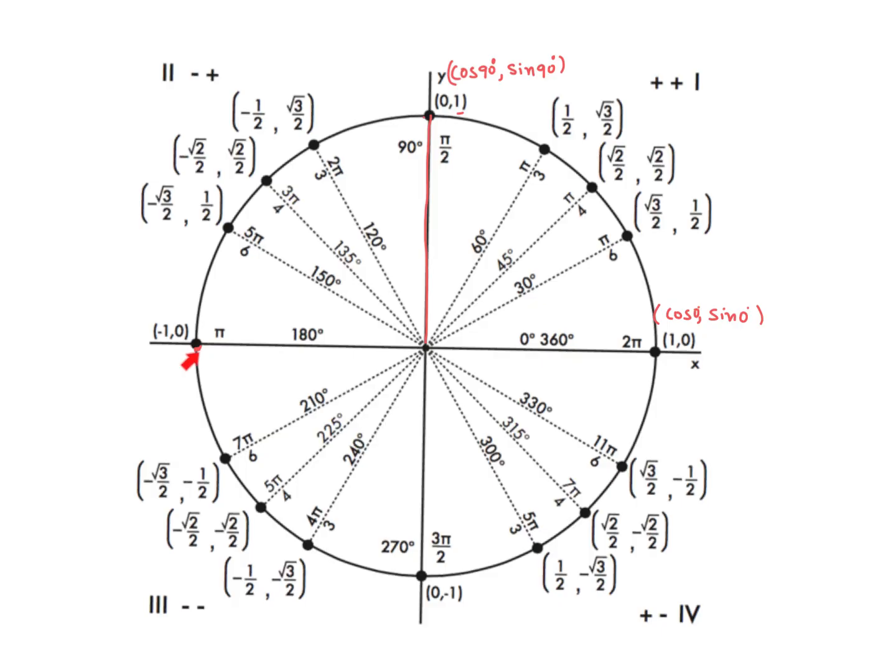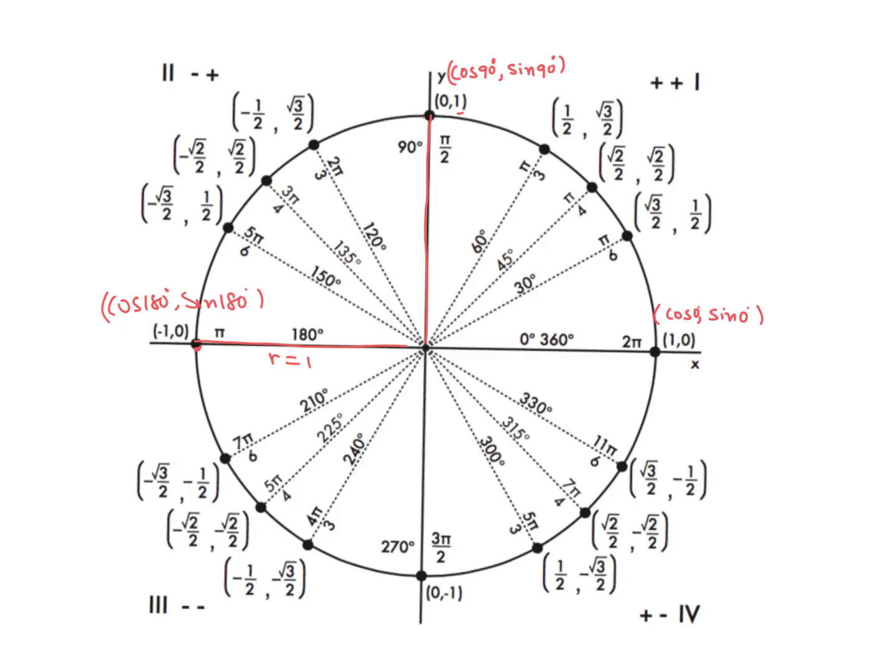At 180, x is, since again this is 1 because r is 1, but on the negative side, so x is -1, y is 0, and in this case cosine 180 comma sine 180.